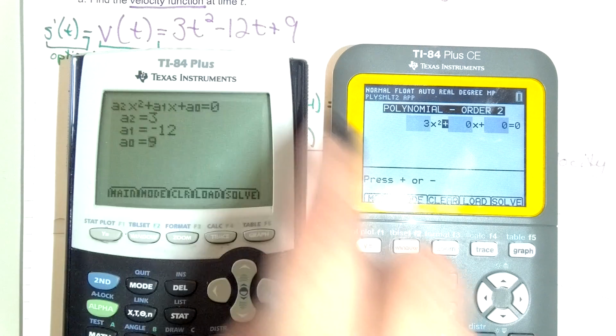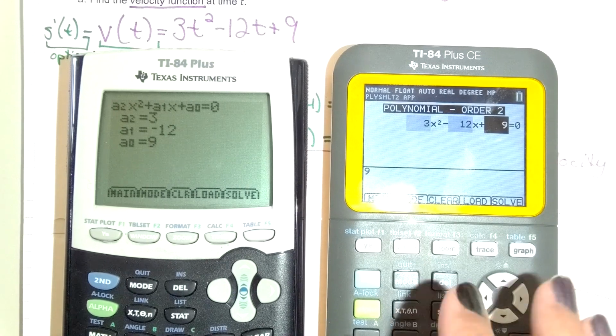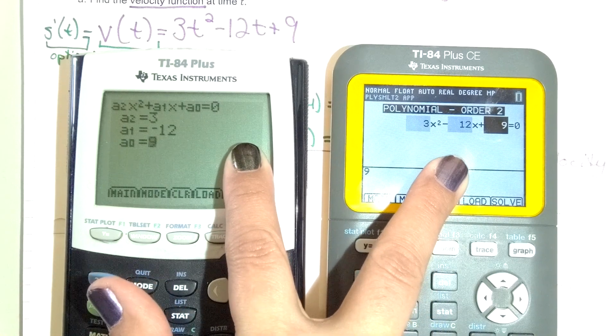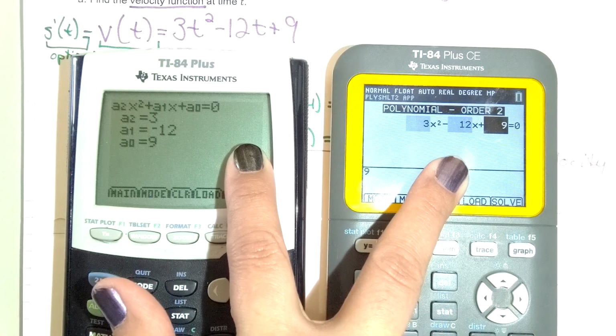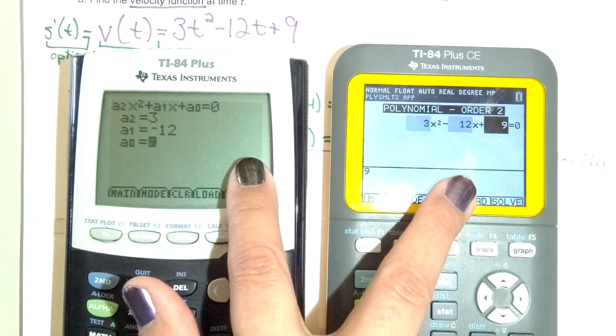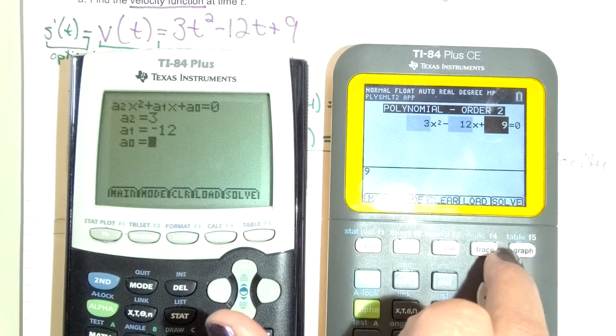Because this is a minus sign, hit the minus. Enter in your coefficients. Okay, so it should look like this now. When you are done entering it in, then you hit the solve button, which is right here.